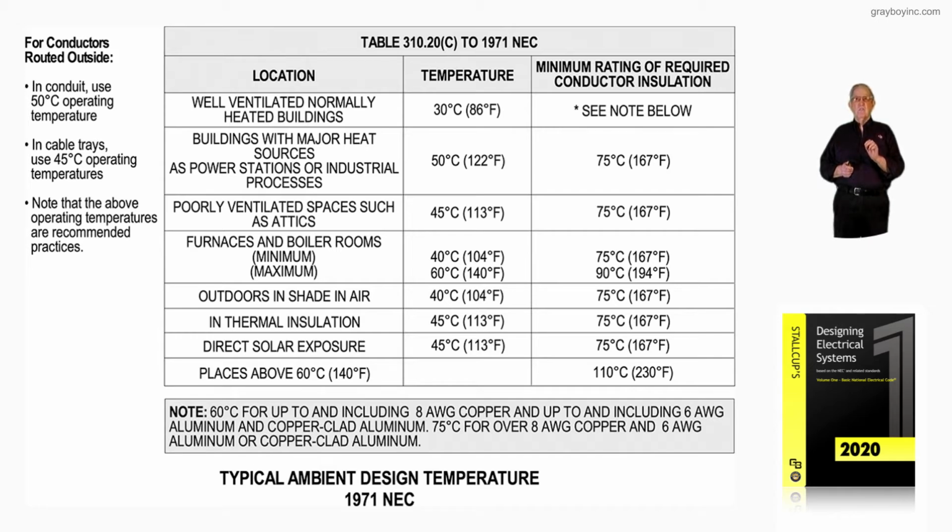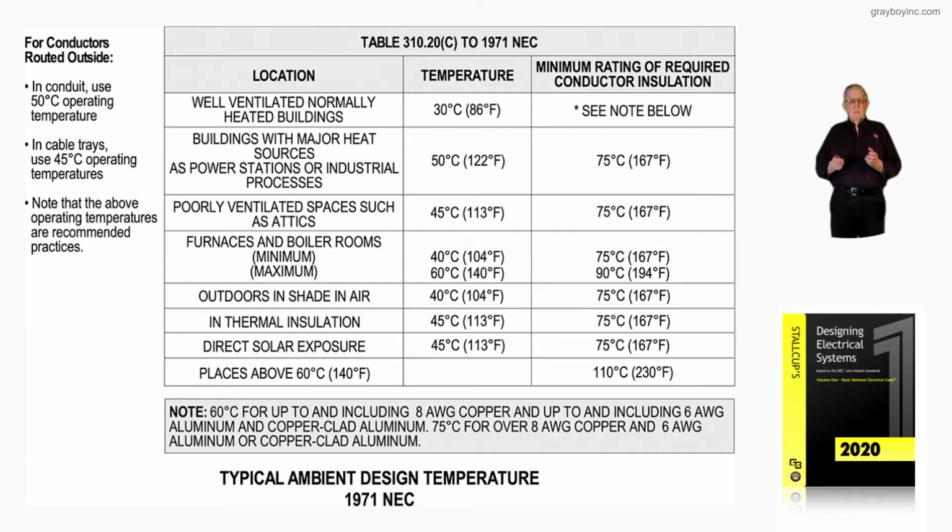We have a little asterisk over in the last column and says, see the note below. And the note states 60 degrees C and really up, including 8 AWG copper and up to number 6 AWG aluminum or copper clad, and 75 degrees for 8 AWG copper and number 6 aluminum or copper clad.